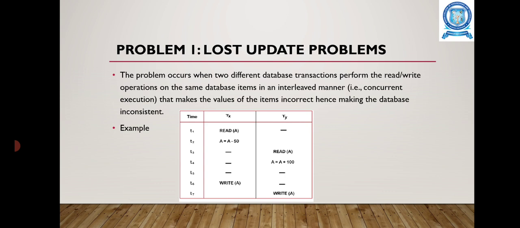Similarly, at time T7, transaction Ty writes the value of account A, so the amount is 400. It means the value written by Tx is lost, that is, 250 is lost. Hence the data becomes incorrect and the database is set to an inconsistent state.